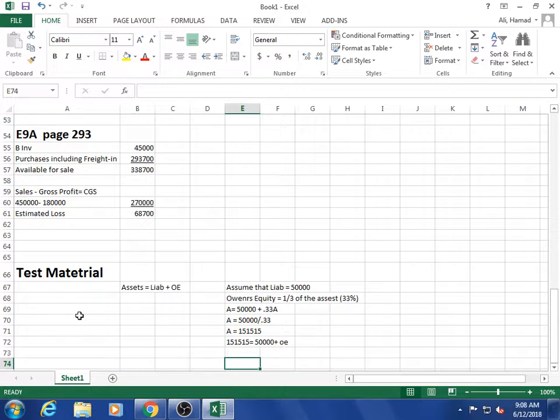Owner's equity depends on the account. Capital increases by credit and decreases by debit. Revenues increase by credit, decrease by debit. Expenses increase by debit and decrease by credit. Withdrawals increase by debit and decrease by credit.